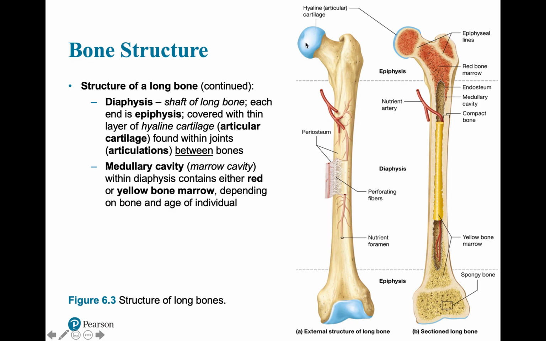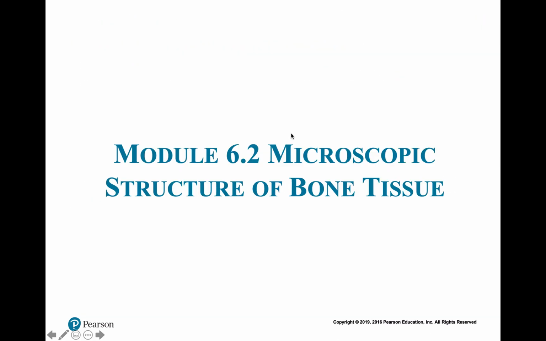This allows the bones at this joint to glide past one another, and we don't have bone grinding on bone. So articular cartilage is made of hyaline cartilage. It's just given a special name because it's found surrounding the epiphyses of long bones, which create joints or articulations, okay? All right, so I just wanted to go back and talk about that.